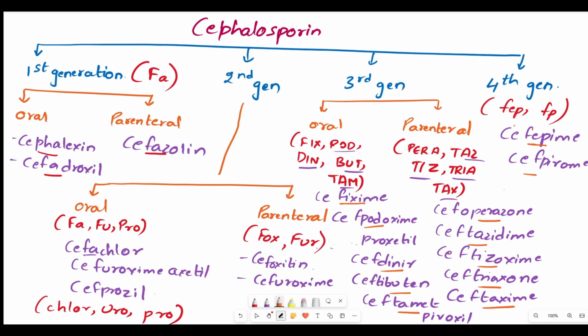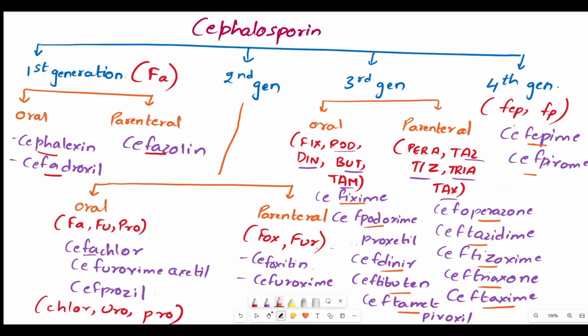Just remember these simple codes and this complete classification will be done. In the first generation, remember FA. In the second generation, remember CHLOR, URO, PRO or FOX, FUR. For the third generation oral, remember FIX, POD, DIN, BUT, TAM. For parenteral, remember PARA, TUS, TIS, TRIA, TAX. And for the fourth generation, remember FEP and FP.